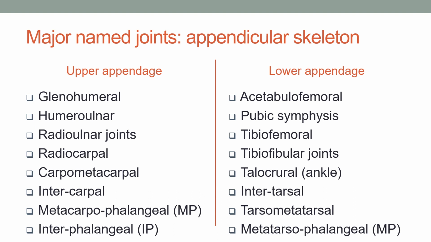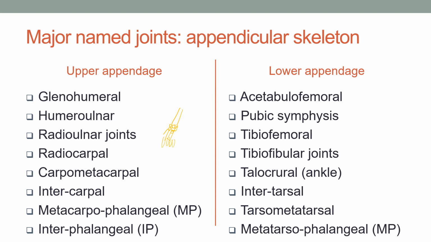If we look at our one bone, two bone, lots of bone pattern, there's our humerus, radius, ulna, carpals, metacarpals, phalanges.